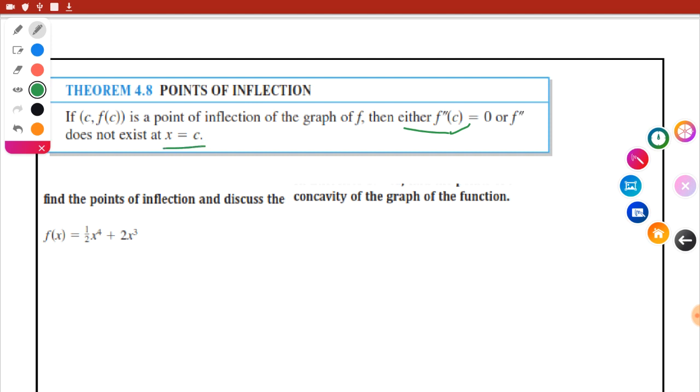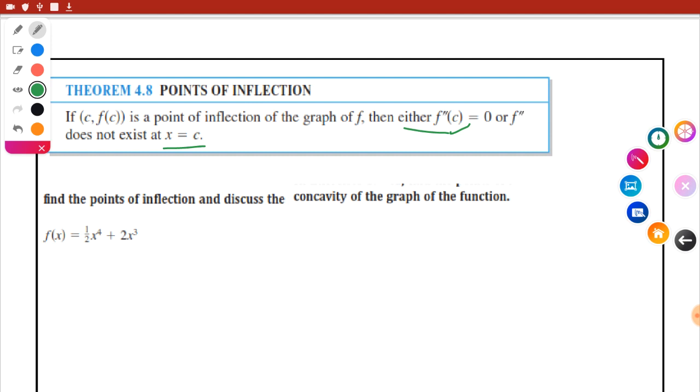It means we have some properties of the point of inflection. The first one, the graph has a tangent line at it. The second one, the concavity of the function changes from upward to downward or downward to upward. At the point of inflection, the second derivative equals 0 or does not exist.